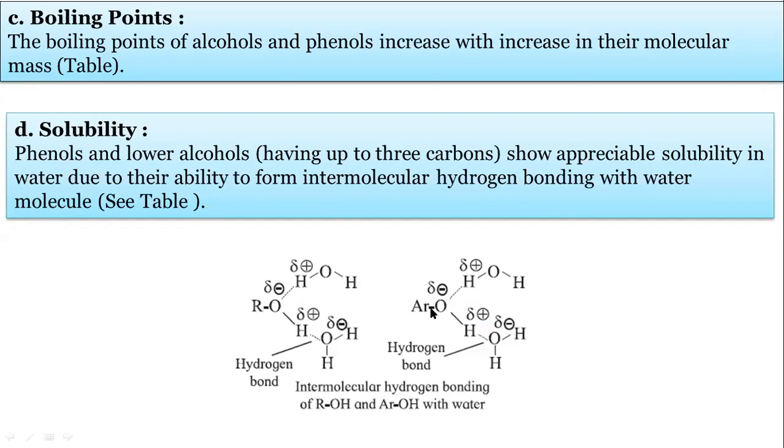Again, in case of phenol, this is ArOH, a benzene ring with OH, and the bonds are formed here with the water molecule. These are called intermolecular hydrogen bonding. Due to this, these are quite soluble in water.